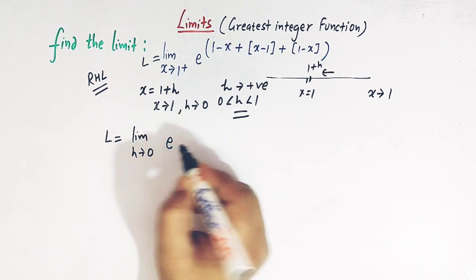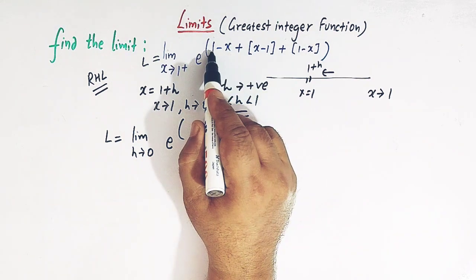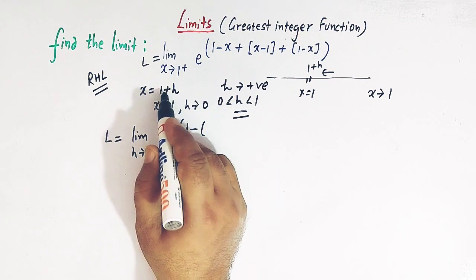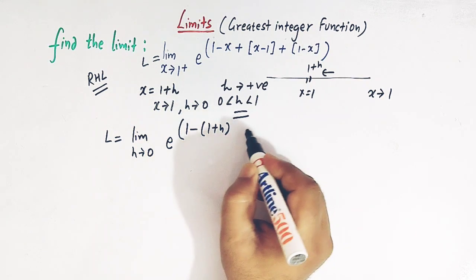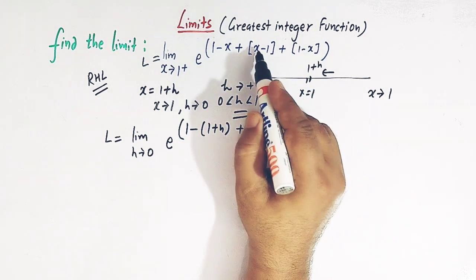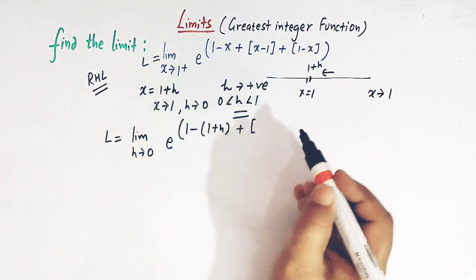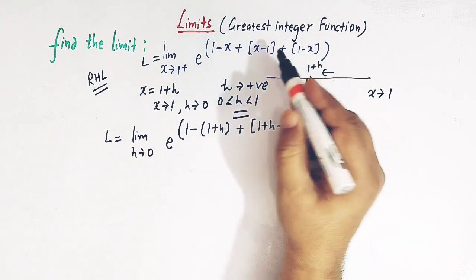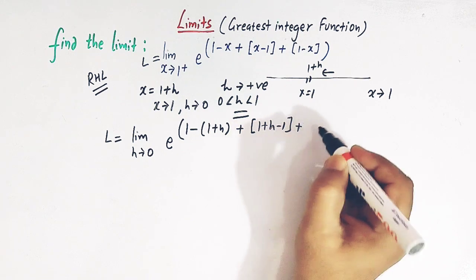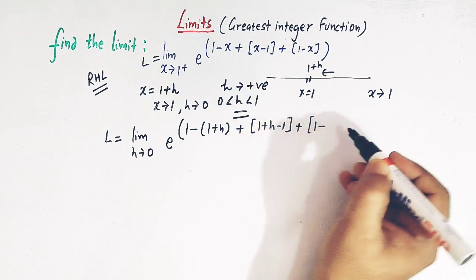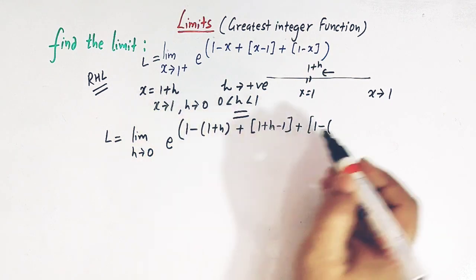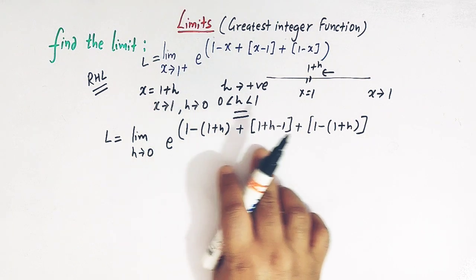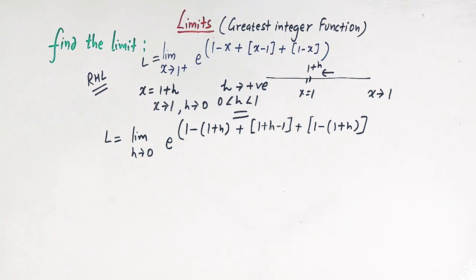And we have e raised to, see here we have 1 minus x, so we can write 1 minus, for x we can write 1 plus h, and then we have greatest integer of x minus 1, so x can be written as 1 plus h minus 1. And then we have greatest integer of 1 minus, for x we can write 1 plus h. Okay, so now we have to simplify this expression.